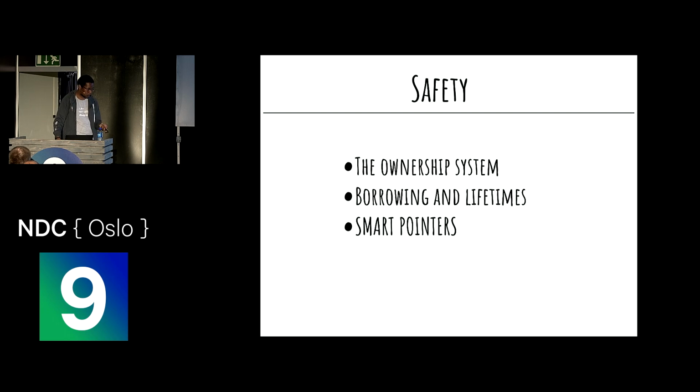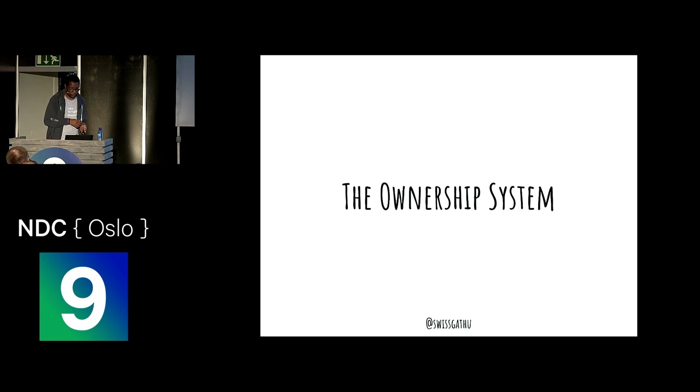And the last thing is going to be smart pointers, which are kind of niche, but sometimes you have situations where you cannot actually describe ownership well. And these smart pointers fit in there, so they help you to describe some other cases, and I'm going to give an example.